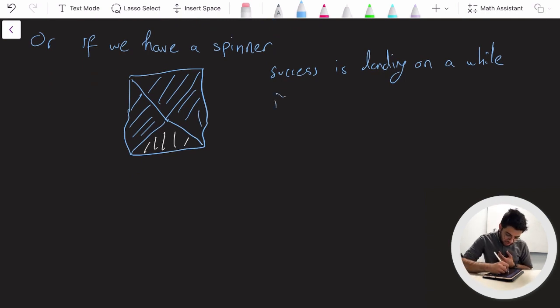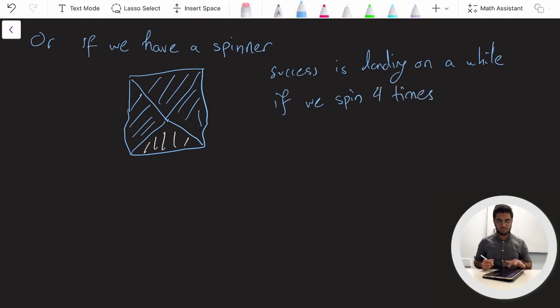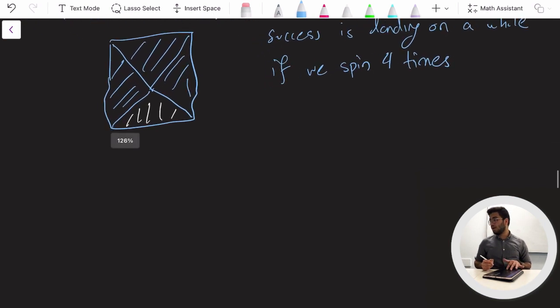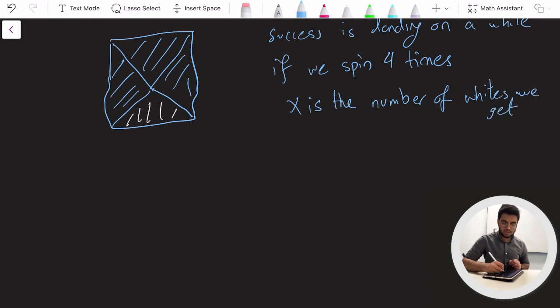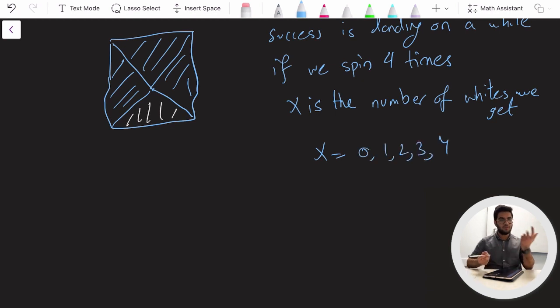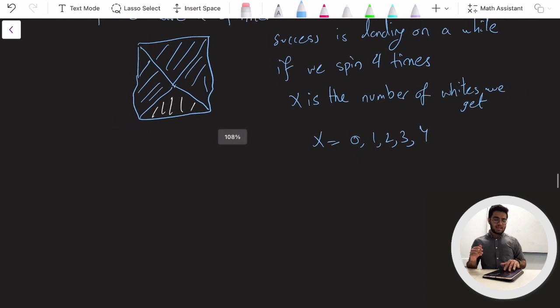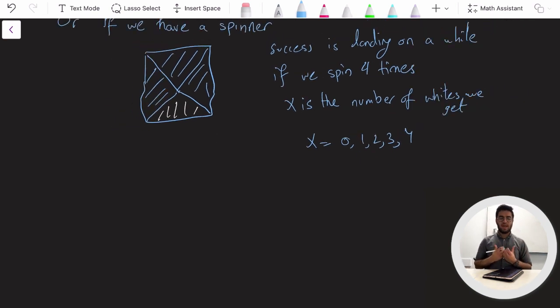If we spin it 4 times, so we perform the Bernoulli experiment 4 times, making it a binomial experiment, X is the number of whites we get. So X can be 0, 1, 2, 3, or 4 whites. That is how binomials work and what the binomial random variable can look like.